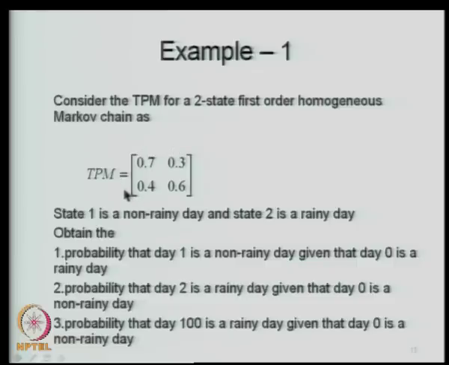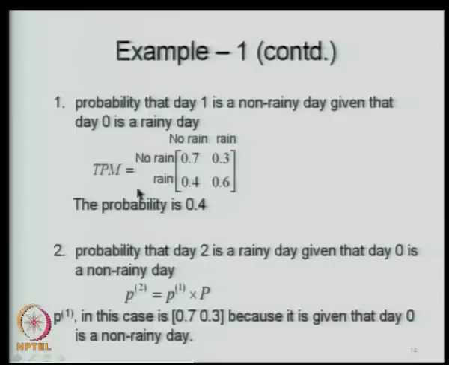So, starting with a rainy day, the probability that you go into a non-rainy day is 0.4. So, that is what we get here. So, you are here, it is a rainy day in 0 and you go into a non-rainy day with probability 0.4. So, directly from the transition probability matrix you obtain this.